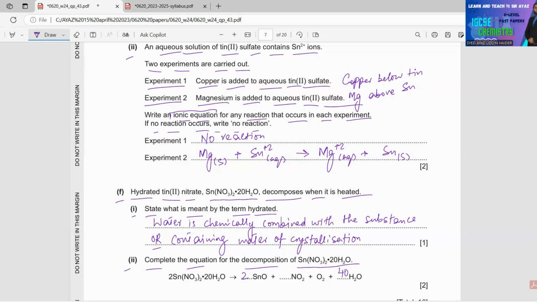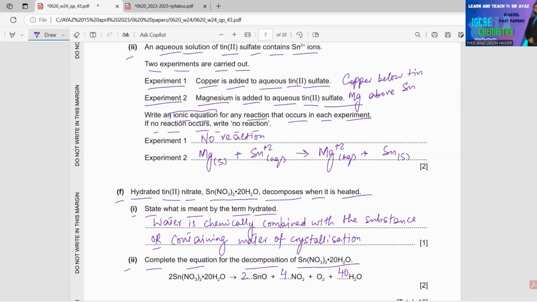What about N? NO2. So nitrogen on the left hand side, 2 multiplied by 2 is 4. We have 4 moles of NO2, so I will write 4 before NO2. Let's count the oxygen.